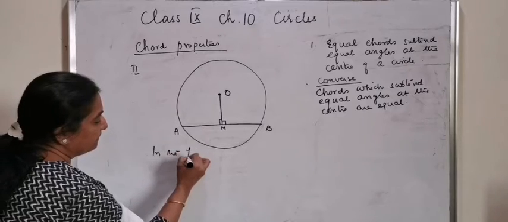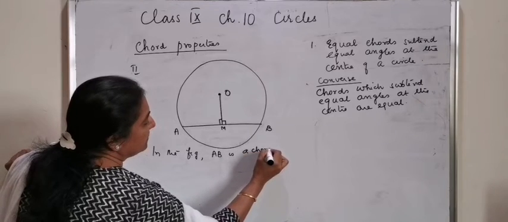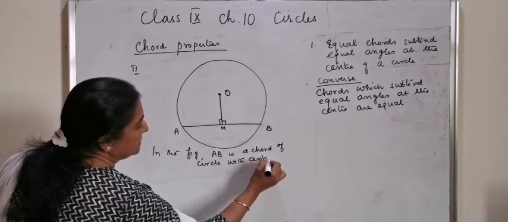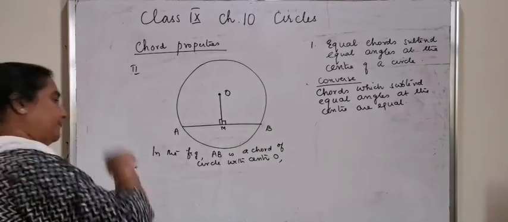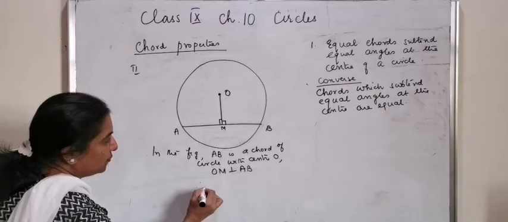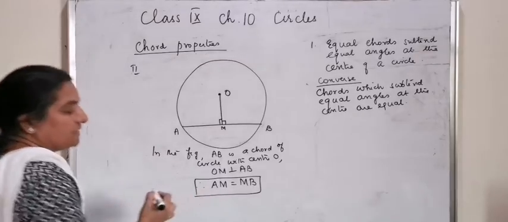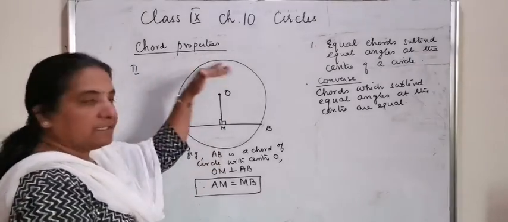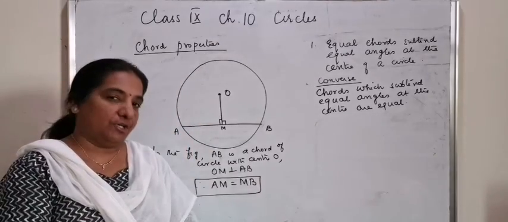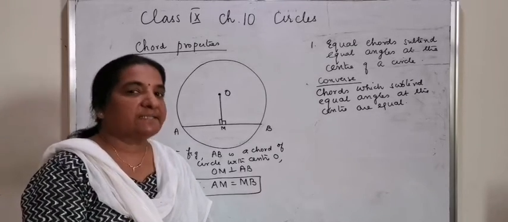In the figure, AB is a chord of the circle with center O. OM is perpendicular to AB, therefore AM is equal to MB. That is, the property states that in a circle, a perpendicular from the center to any chord bisects it.